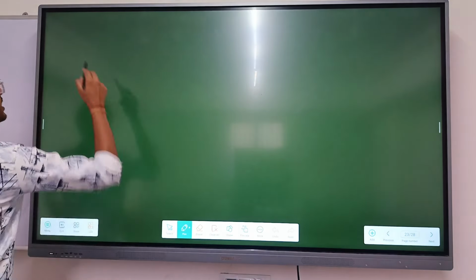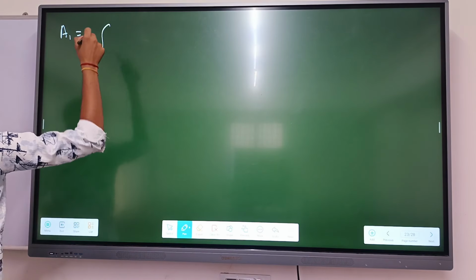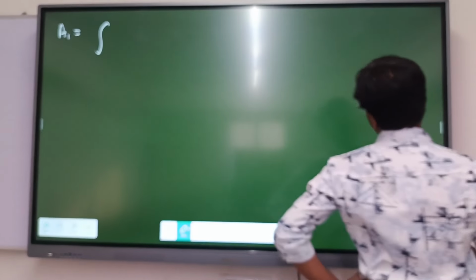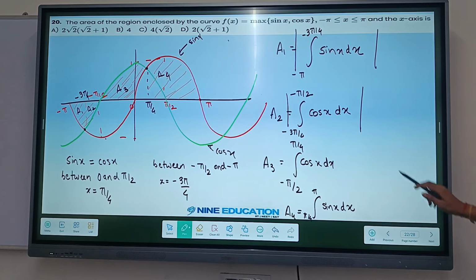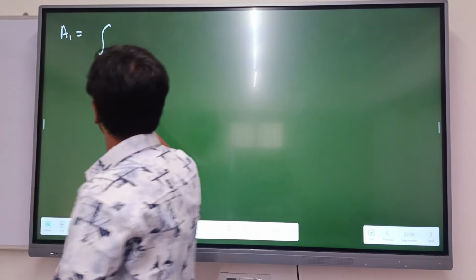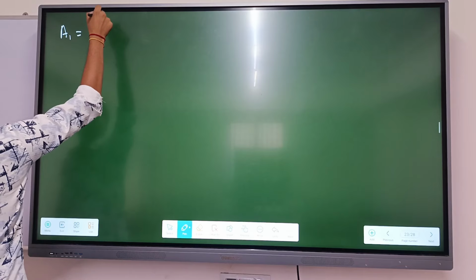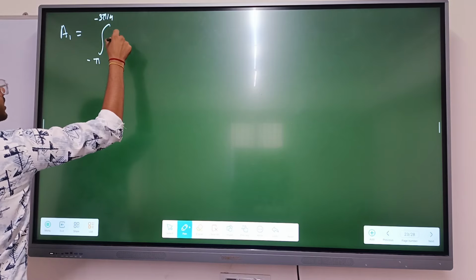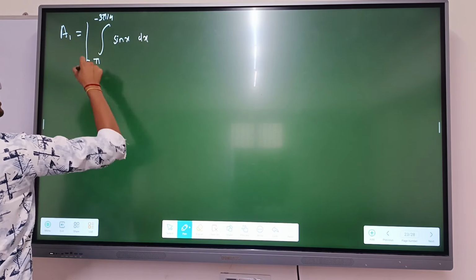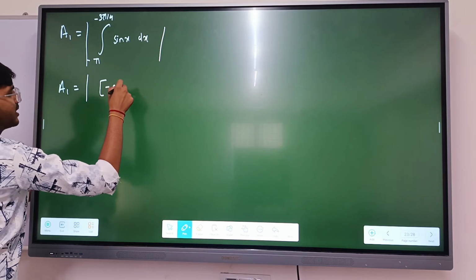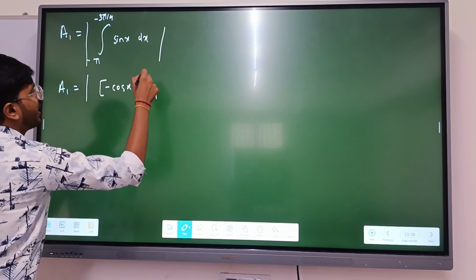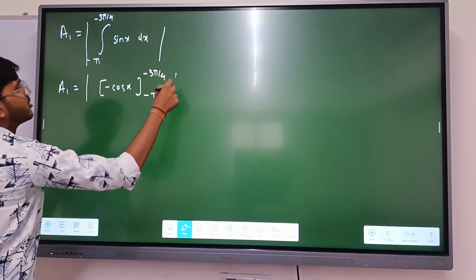What was A1? A1 is the integration from minus pi to minus 3 pi by 4 of sin x dx with the mod. What is the integration of sin x? Minus cos x. So minus cos x from minus pi to minus 3 pi by 4 with the mod.